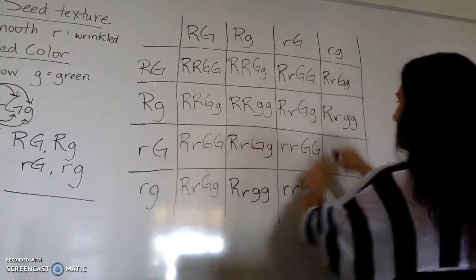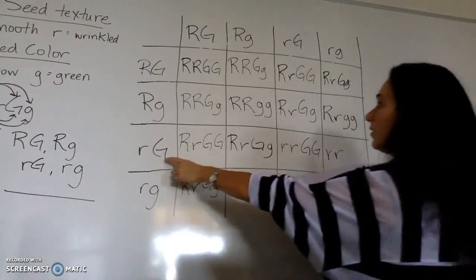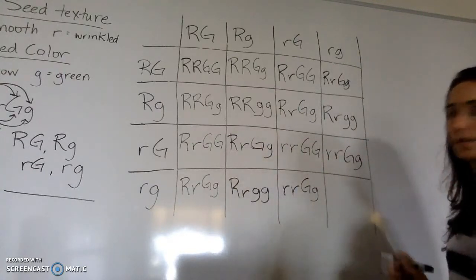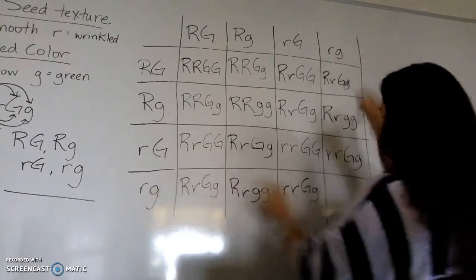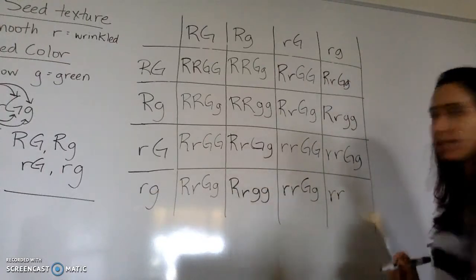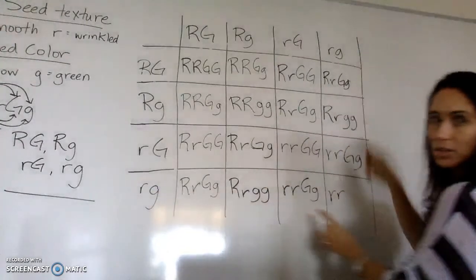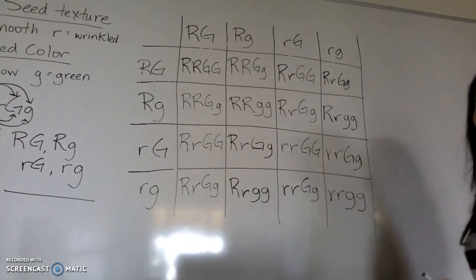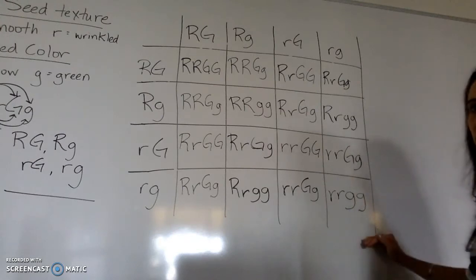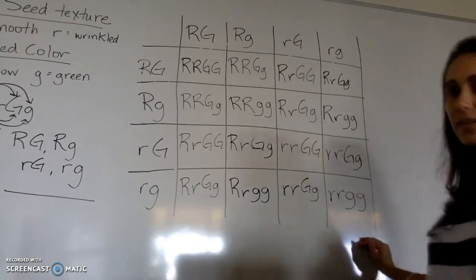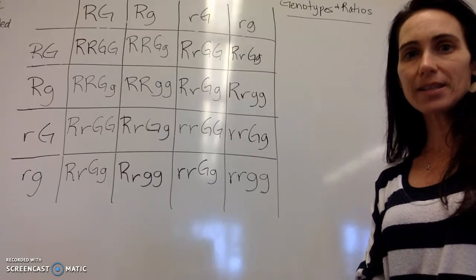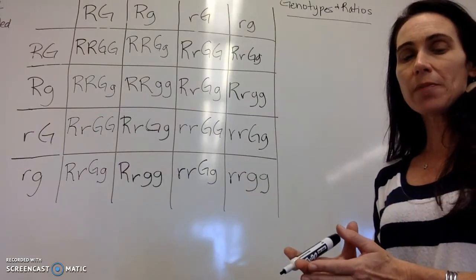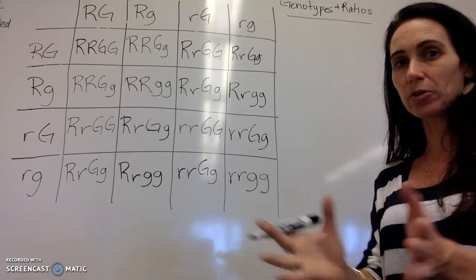Here, homozygous recessive and heterozygous dominant. And last one, 2 small r's, homozygous recessive seed texture, and 2 small g's, homozygous recessive for seed color.